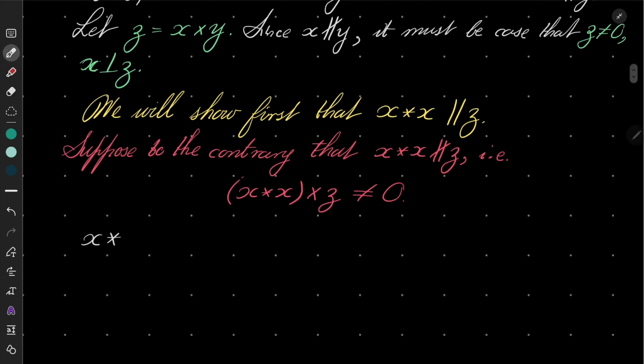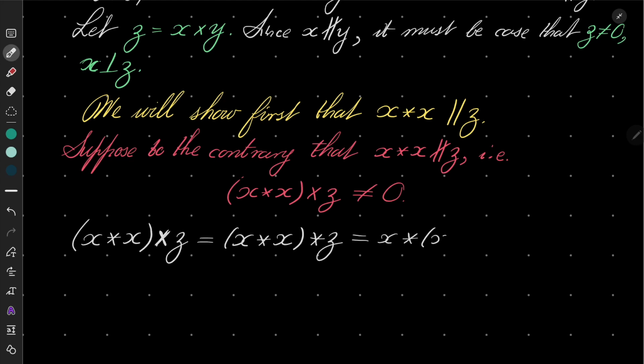X star X cross product Z. Since we know that this cross product is not zero by one of the conditions of our problem, we can change this cross product to the star operation. Okay, and now because we know that our operation star is associative, we can put parentheses in the following order.